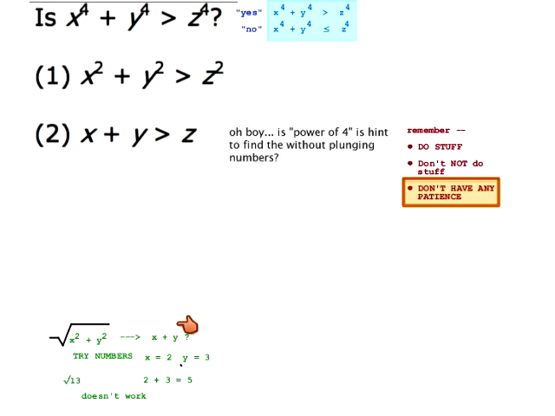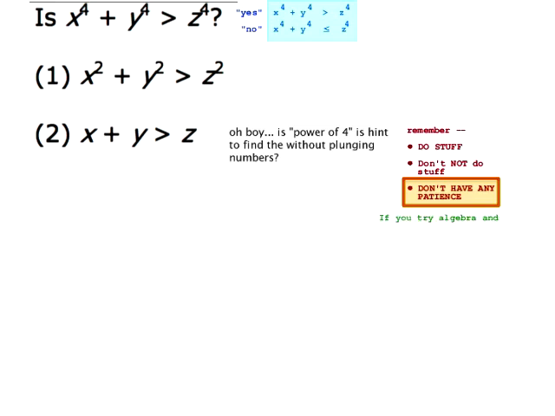So if it doesn't work for square roots, it's definitely not going to work for fourth roots either, same deal. So yeah, do stuff, don't not do stuff. The point here is if you try algebra, it doesn't go anywhere.